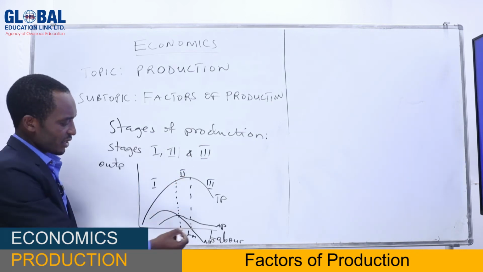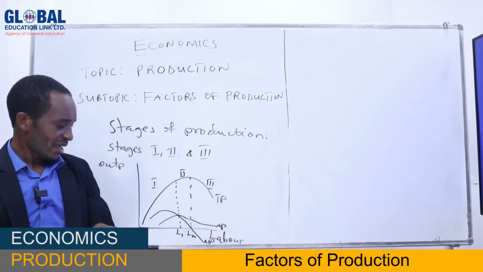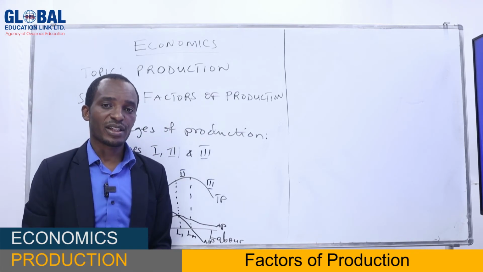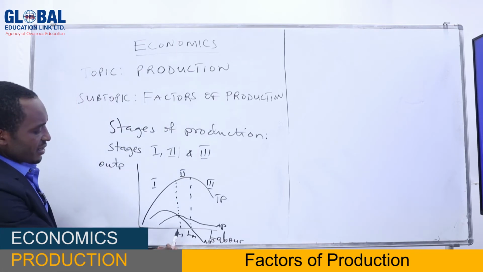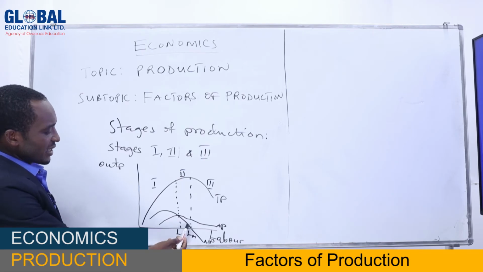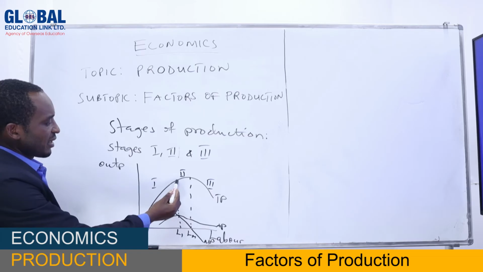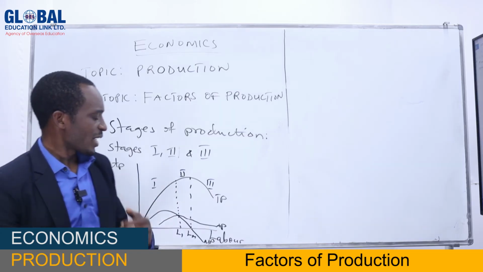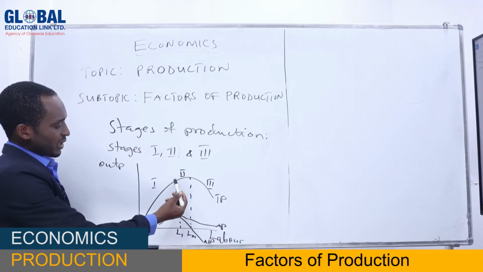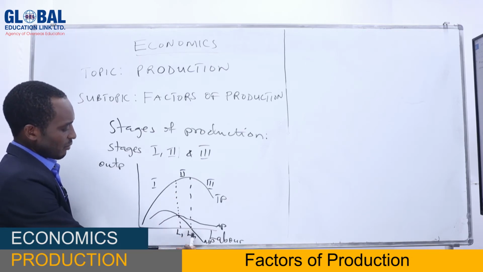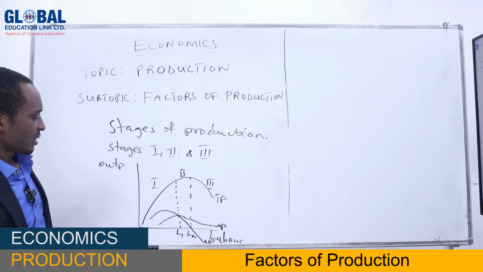So stage 2 is a feasible or profitable region or stage, since the marginal product adds to total product. And if you are trying to maximize the total output, it means you can employ more units of labor up to this output.